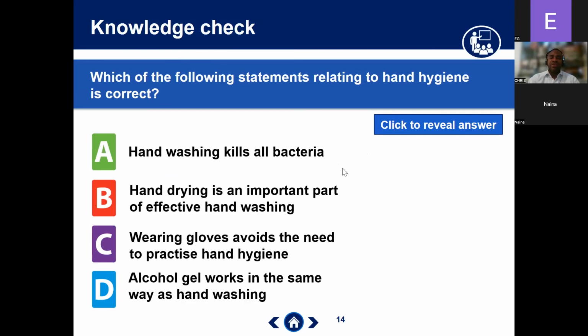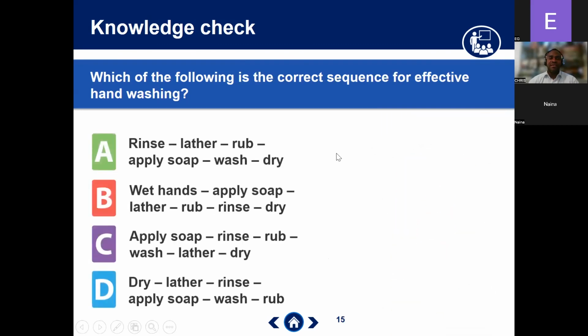Hand washing kills all bacteria. Is it true or false? Hand drying is an important part of effective hand washing. Wearing gloves avoids the need to practice hand hygiene. Alcohol gel works in the same way as hand washing. But let's just look at them and see what you come up with as the answers.